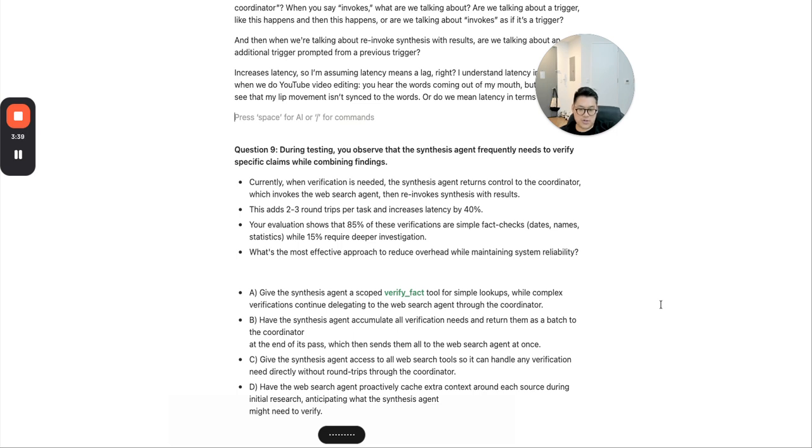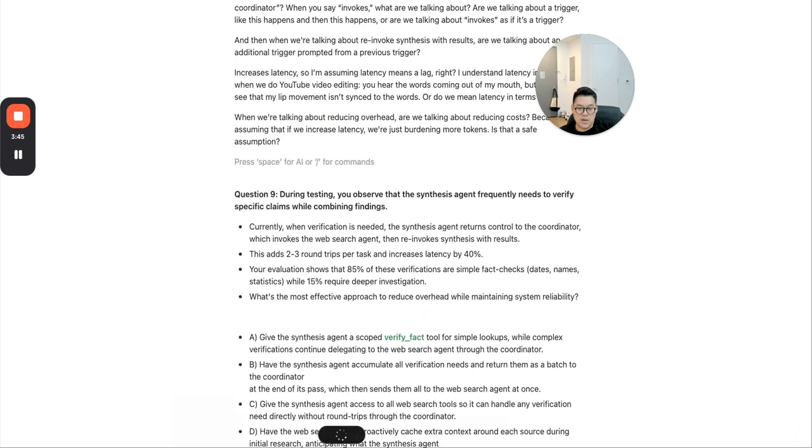Is that a safe assumption? Because I'm assuming the 15% that require deeper investigations are costing us more money because it's requiring us to take additional steps, which means we're burning more tokens.